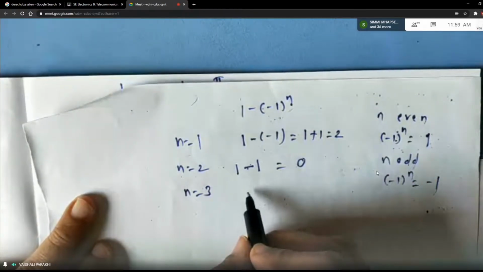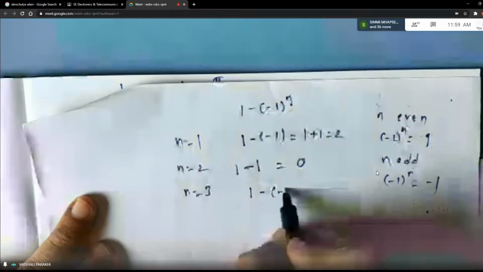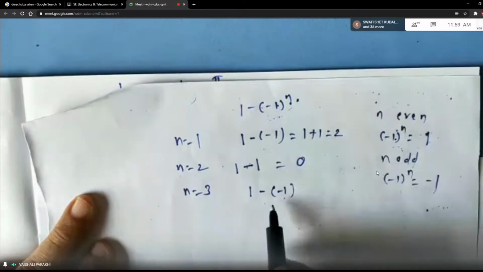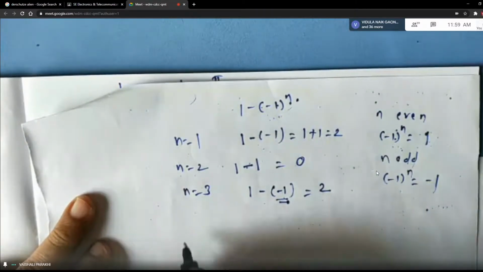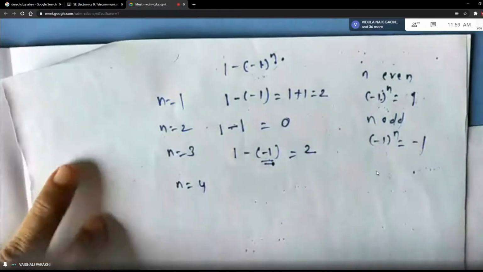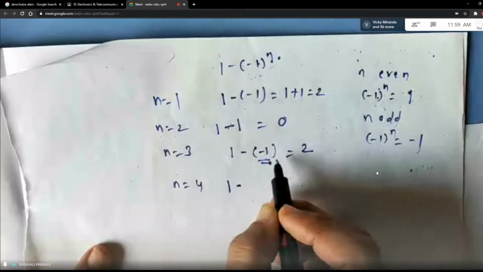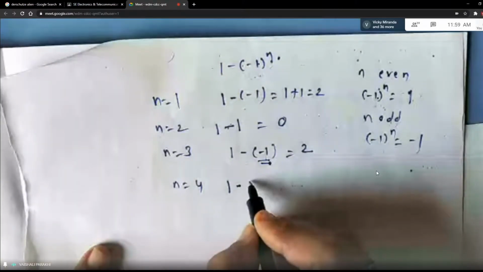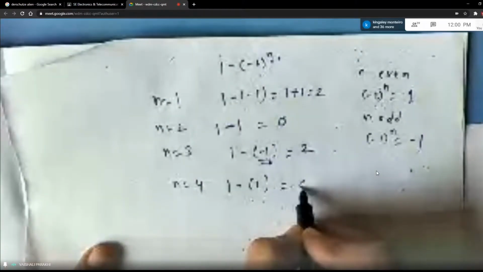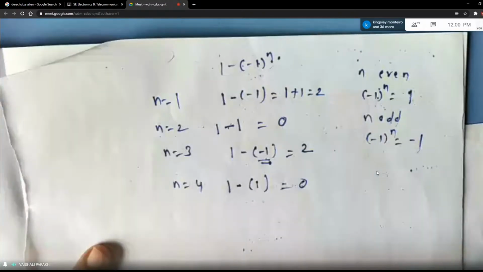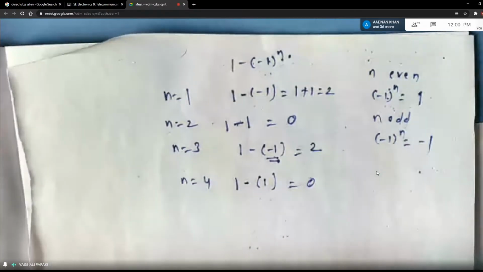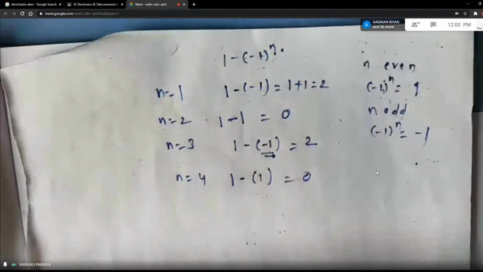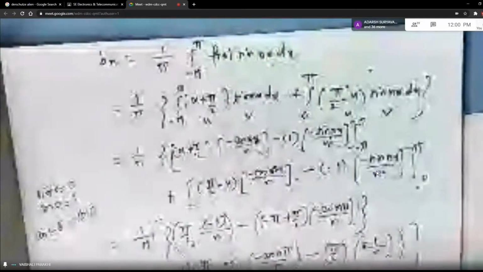When n is 3, it is 1 minus of minus 1, because negative cube is negative, and again it becomes 2. When n is 4, minus 1 raised to 4 is plus 1, and it gives you 0. So basically in this problem, when n is odd you get 2 for that term, and when n is even you get 0 for that term.